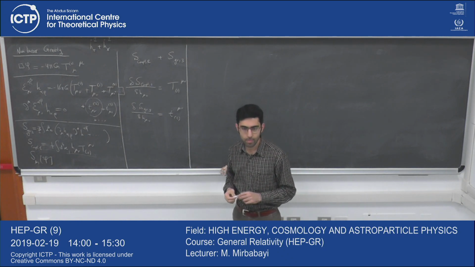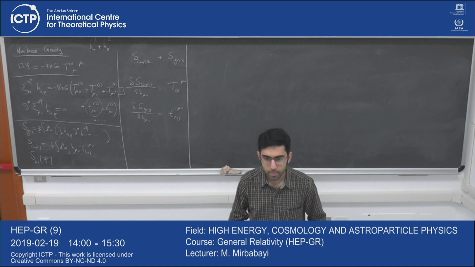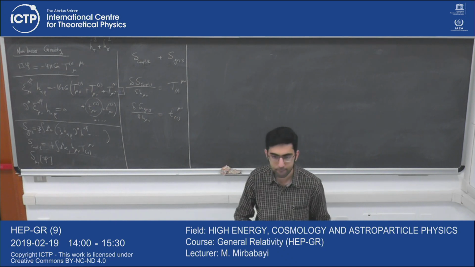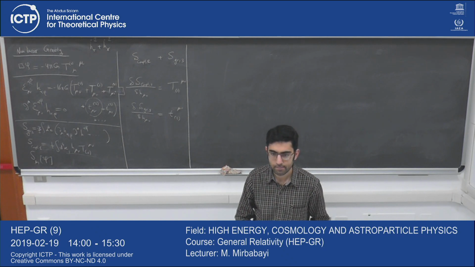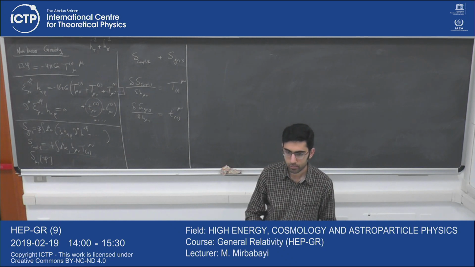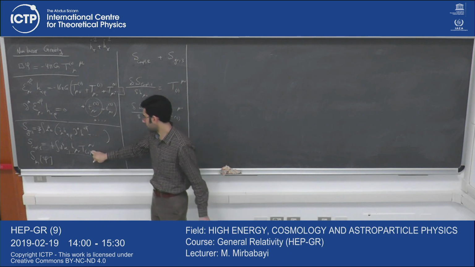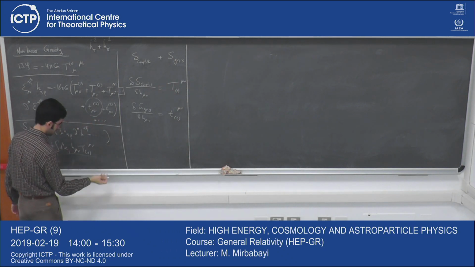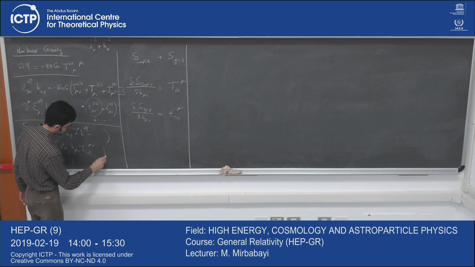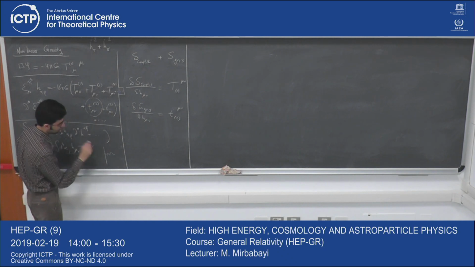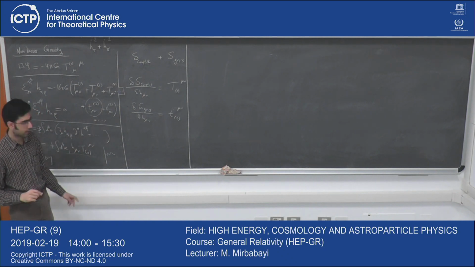But for example, the first coupling with T0 will be a vertex of two matter fields and one graviton. But if we go to the first order, we will now have at least two gravitons coming out. So from here, what we would have is just one graviton coupled to your matter.